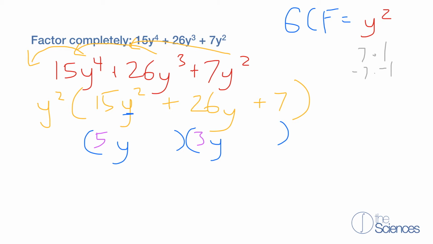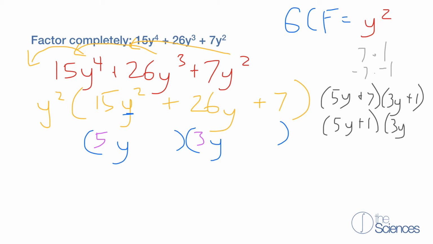So now we're going to try different forms of these. So we have 5y plus 7 times 3y plus 1, and then we have 5y plus 1 times 3y plus 7.